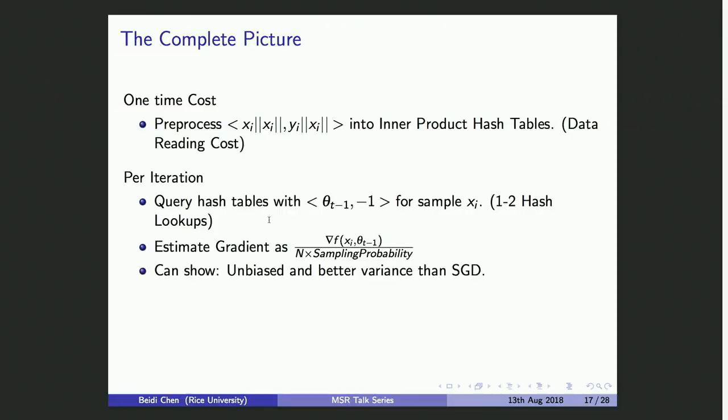If we can put all the x_i, y_i input data points into the hash table, it's a one-time cost because you just put them in those hash tables initially. And in each iteration update, theta t, you have a different theta each time. You hash this theta t minus 1 vector.